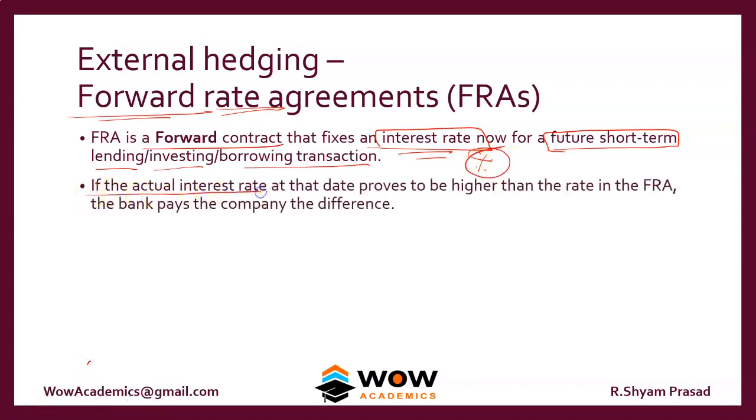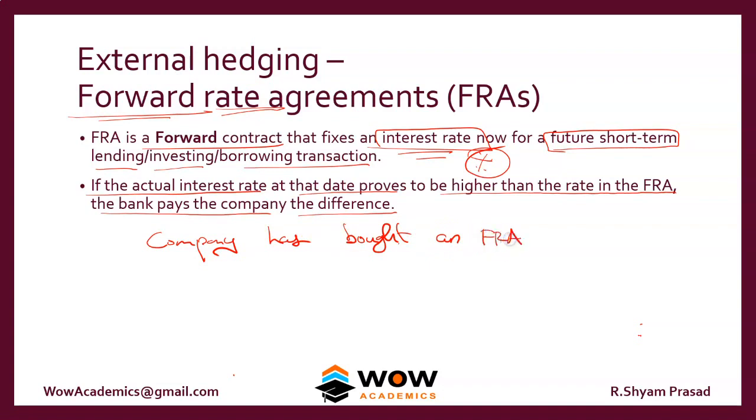If the actual interest rate at the date proves to be higher than the rate in the FRA, the bank pays the company the difference. So a company has bought an FRA of 10% interest from a bank, and this is for a 3 month duration.